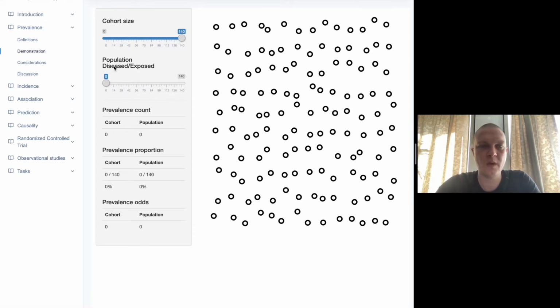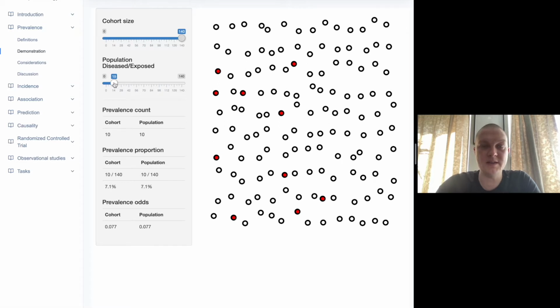Okay, so what happens if 10 people had the factor? The red dots now represent the 10 people who actually have the factor that we care about. So the count goes to 10. The proportion goes to 7.1%, and the odds are 0.077.